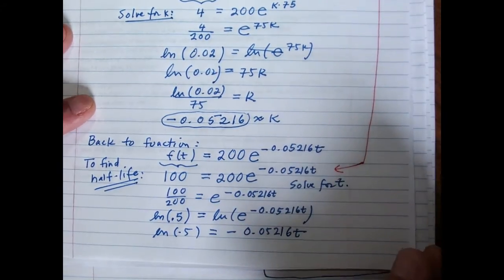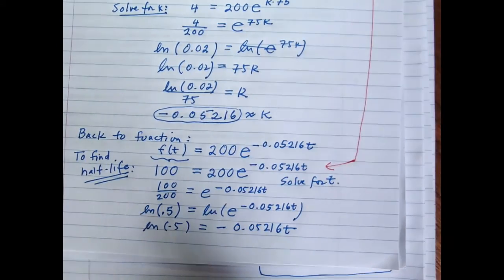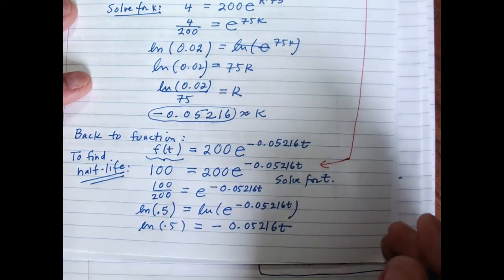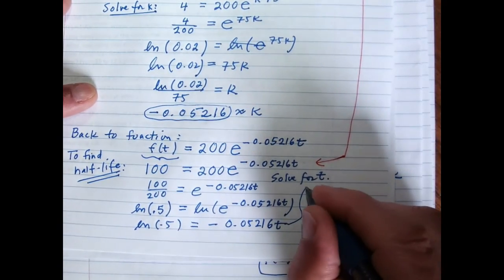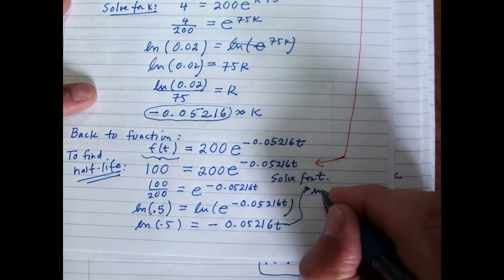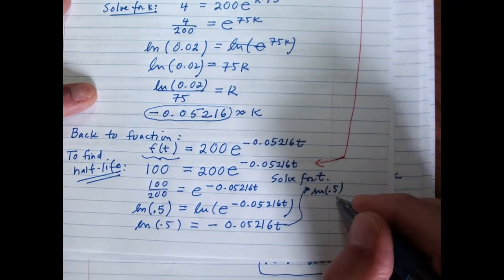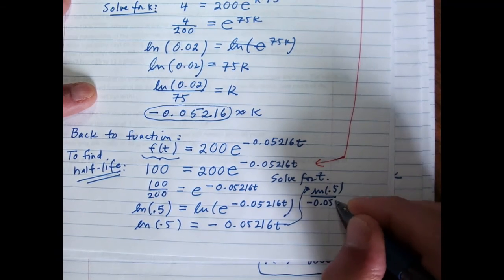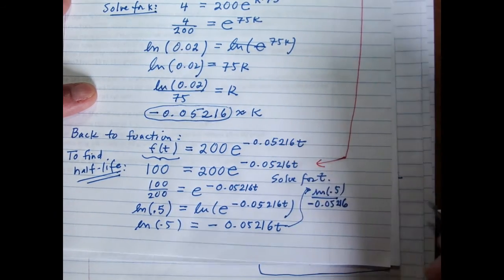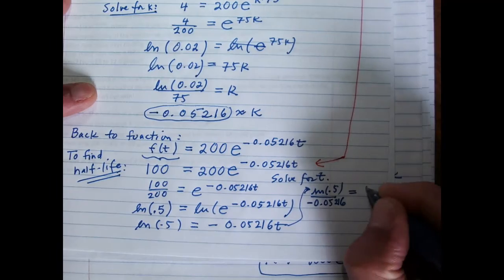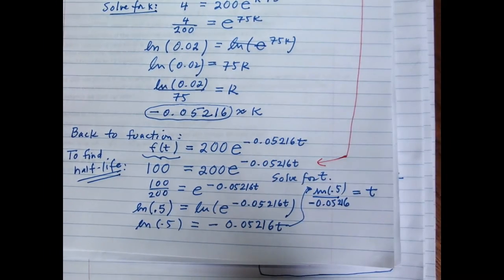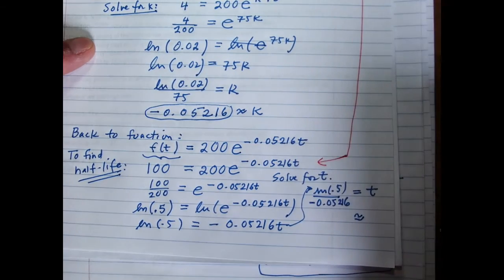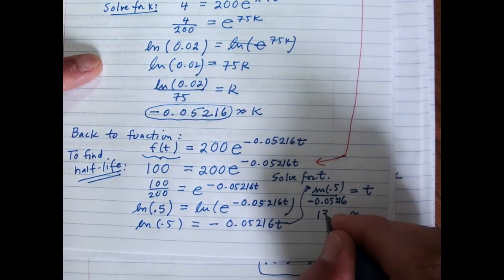And let's see if I can fit it on this sheet of paper, since I'm so close to the end here. Can I squeeze it in? ln of 0.5 over negative 0.05216 is my value of t, and I rounded that off at 13.3 years.